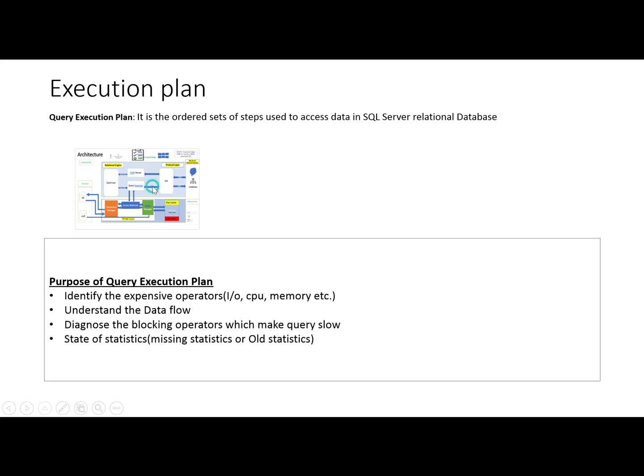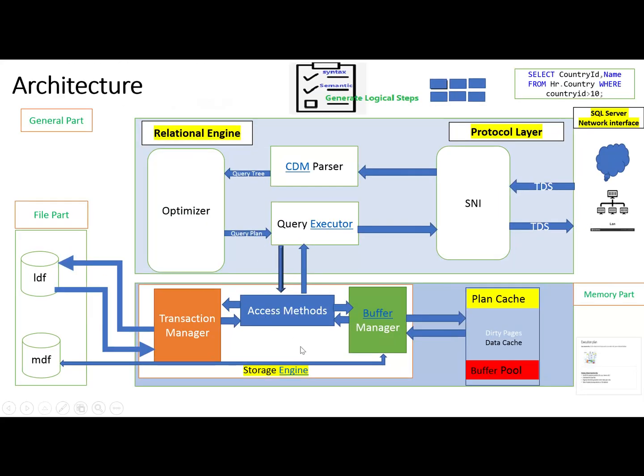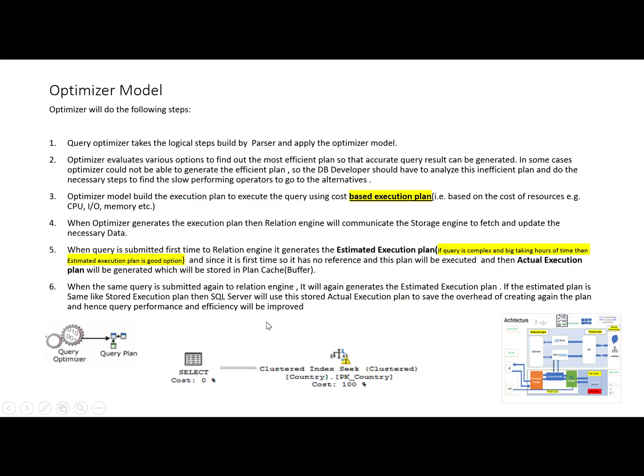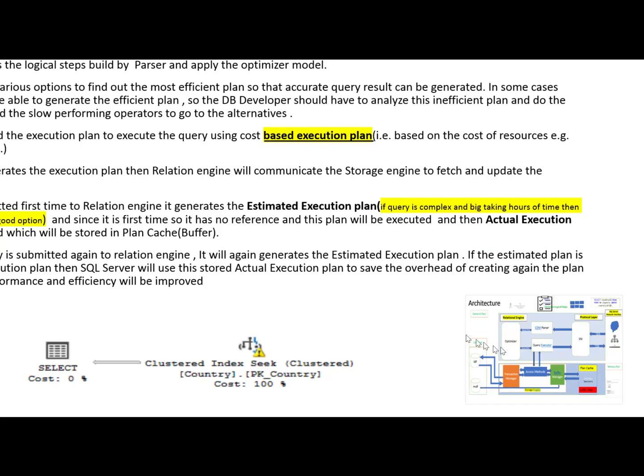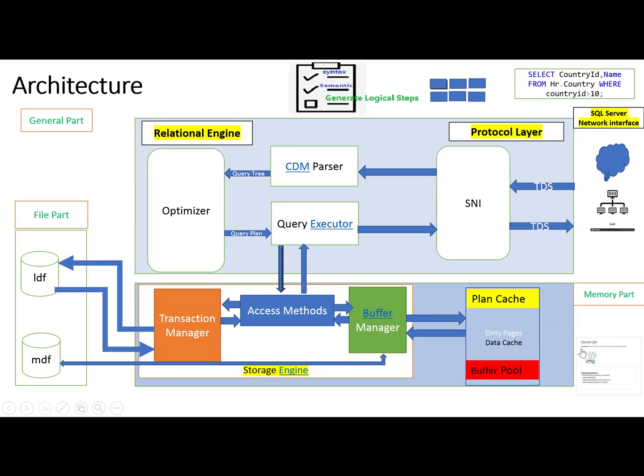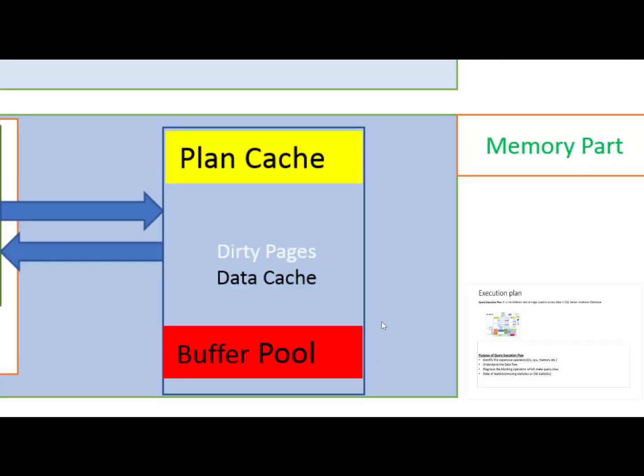So we have discussed the query execution plan, and we have seen how each part of the architecture plays a role in generating this execution plan. Why is this plan generated? Why do we need this plan?